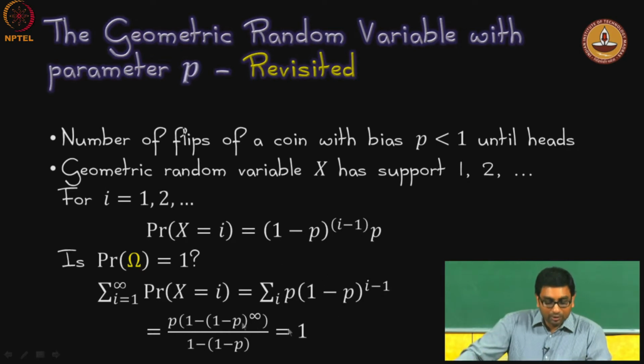Now we apply the definition, which we have already seen before, and notice that this is essentially the sum of a geometric series. So if you apply that formula, you end up getting a 1. So that fits our requirement that the probability of the sample space must be 1.